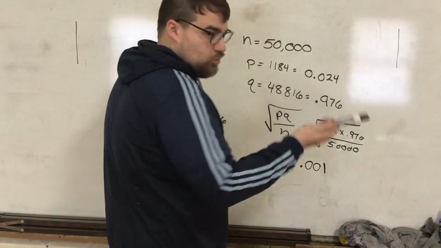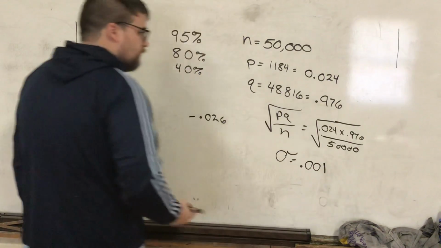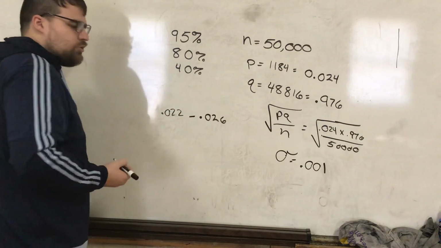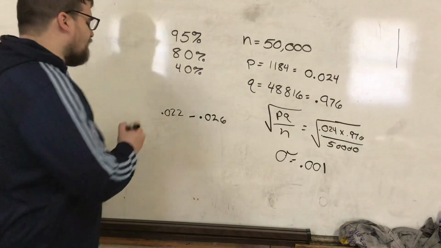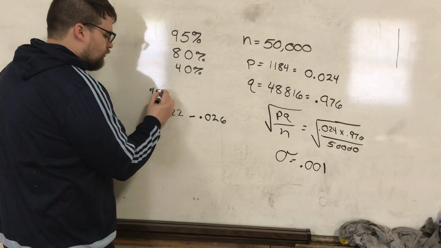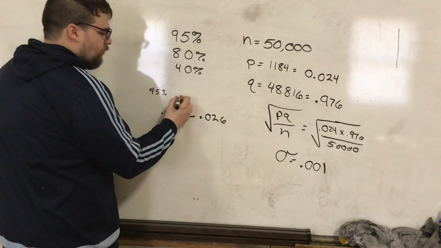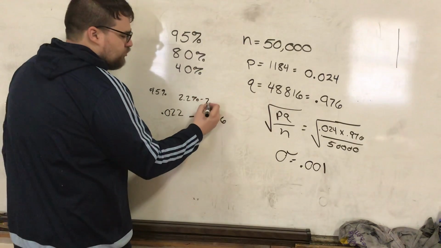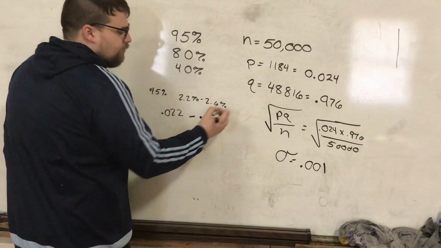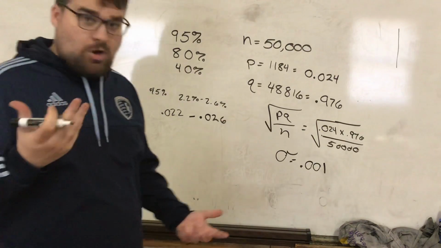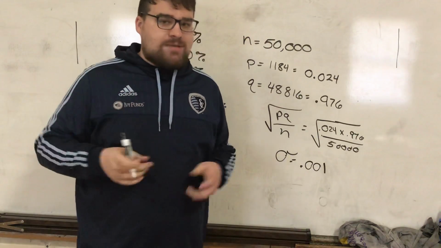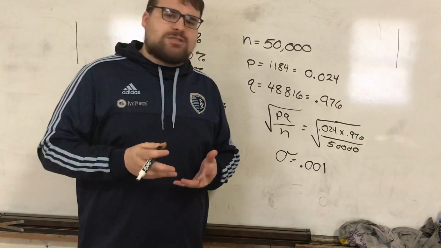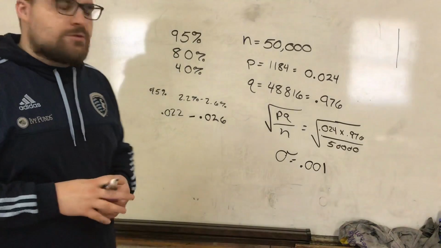And then we want to subtract 2 of them. So that would be 0.022. That's the 95%. Otherwise known as 2.2% to 2.6%. Pretty small range still, even being a 95% confidence interval. But let's see how big the confidence interval is for our other ones.